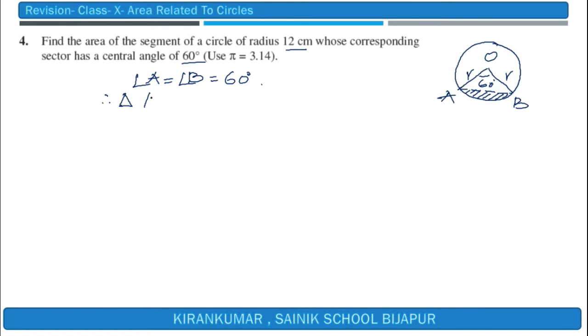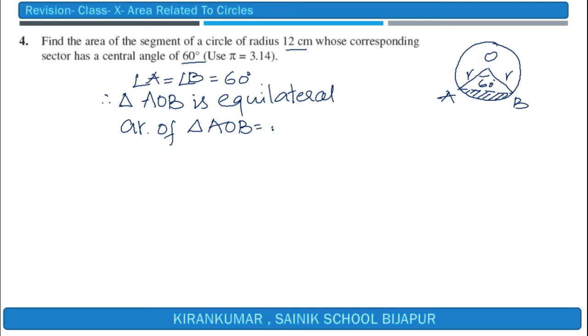Therefore, triangle AOB is equilateral. Since it is an equilateral triangle, we can find the area of the triangle as root 3 by 4 into side square. Here the side is the same as the radius, 12 times 12.